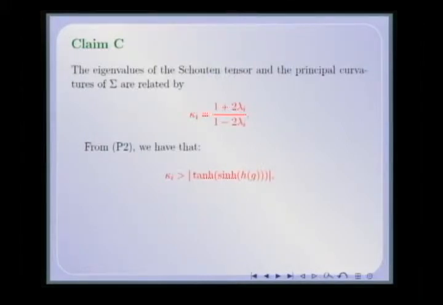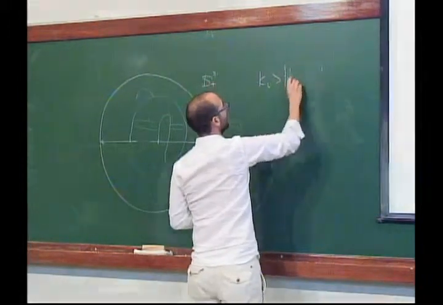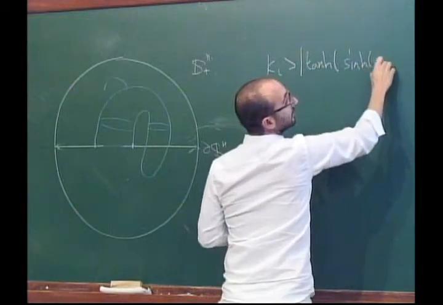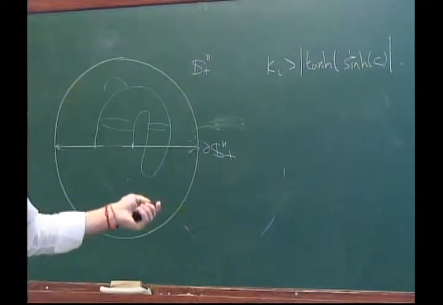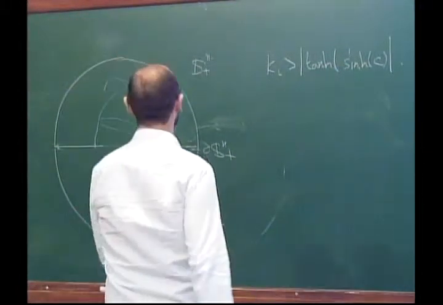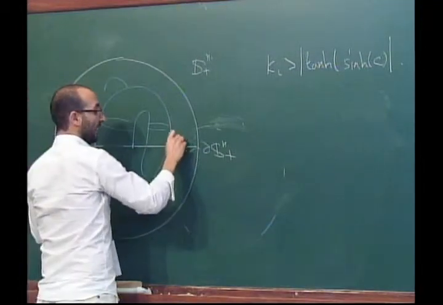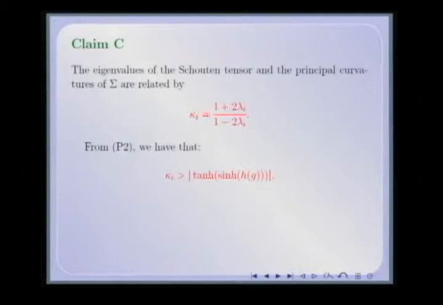And we have the other property that the principal curvatures are bigger than the hyperbolic tangent of the constant c. But these, if you do a little computation, are the principal curvatures. This is the value of the principal curvature of the equidistant with the upper orientation. Doesn't matter, because I'm taking the absolute value.